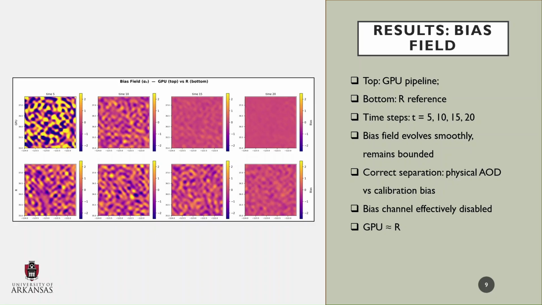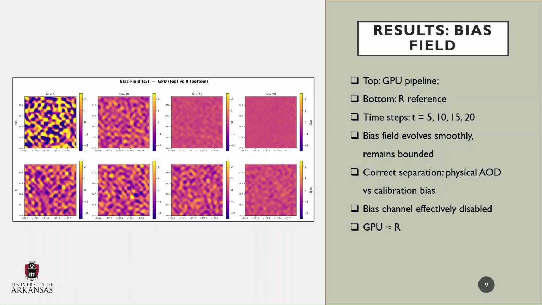First, the GPU bias field closely matches the R reference. The spatial pattern and magnitude ranges are consistent across both implementations. Second, the bias field evolves smoothly over time and remains bounded, which is exactly the behavior we want from a well-initialized Bayesian model. Third, and this is crucial, the model achieves correct separation between physical AOD signal and calibration bias.